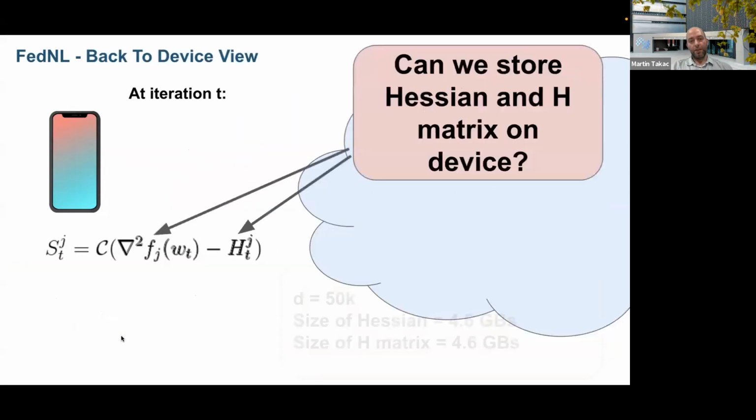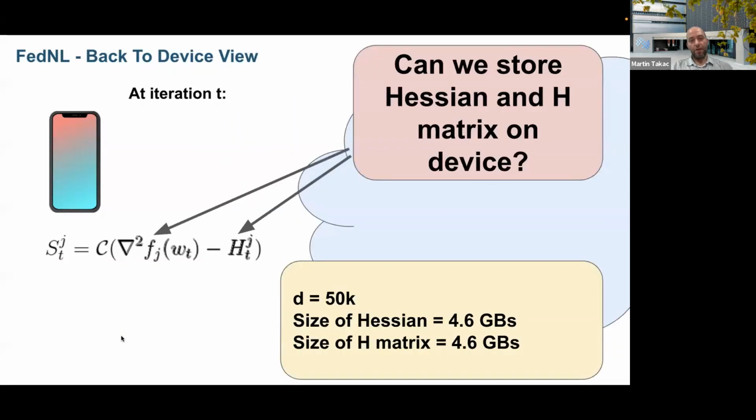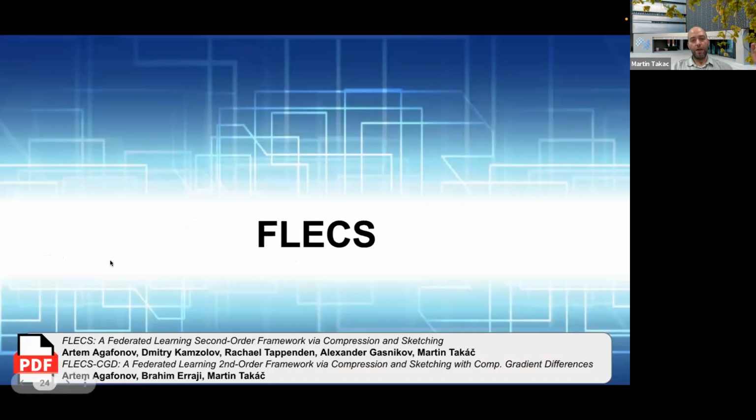Okay, so let's now think about what I can do to not really require the workers or devices, for example your phones, to store an additional maybe 9 gigabytes of data for this small model. But again, it's not only about this, it's also about computation of the Hessian. It's quite expensive to compute, okay?